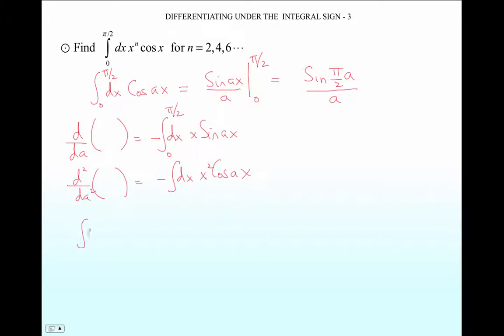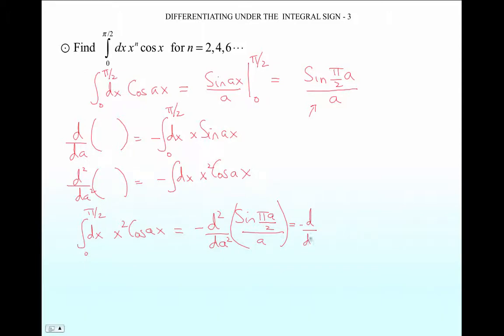Therefore, what we found is that the integral from 0 to pi by 2 of x squared cosine of ax is the second derivative with respect to a of what we have up above over here, so sine of pi a by 2 divided by a. And now we can work through this step at a time.